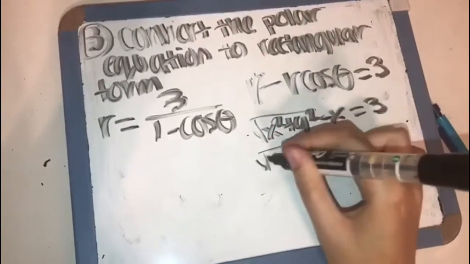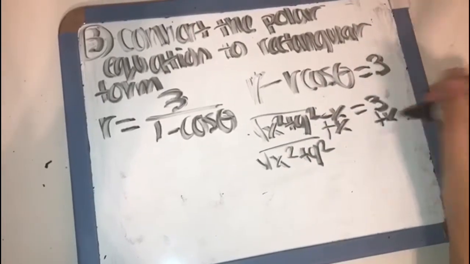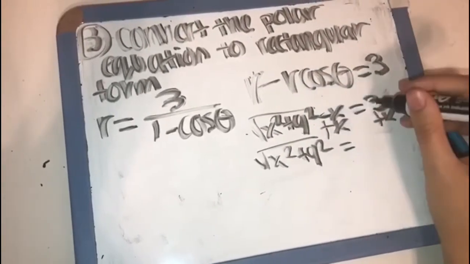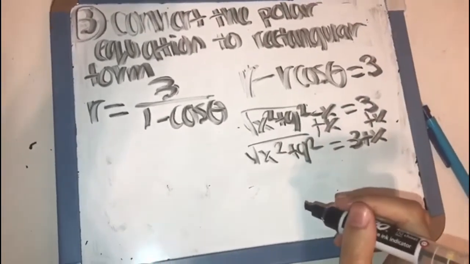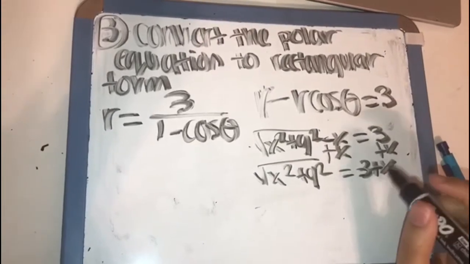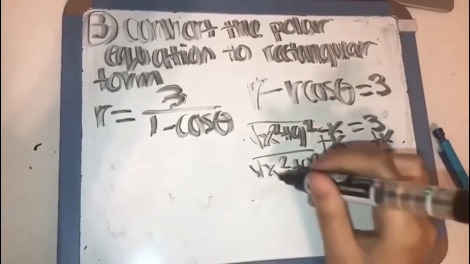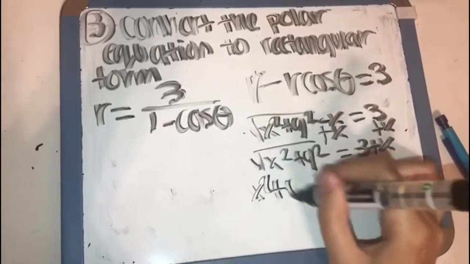Then we're going to have to add, I'm pretty sure. Now let's try adding on both sides. So we have the square root of x squared plus y squared equal to 3 plus x. After that, we have to simplify the whole form.